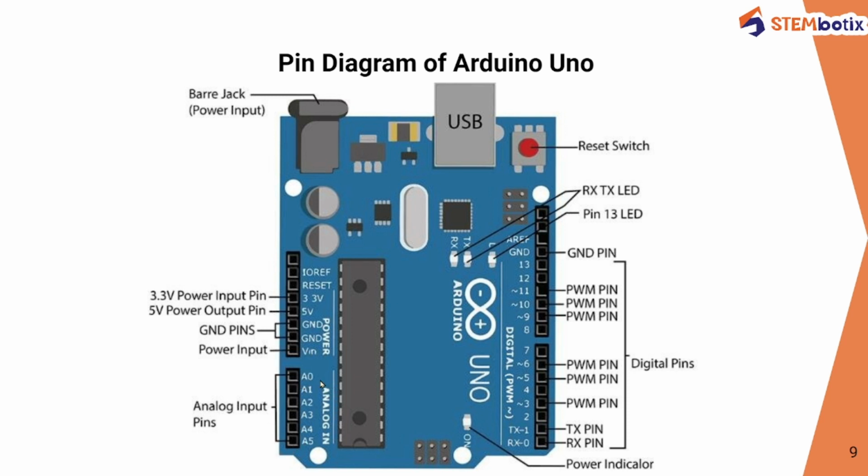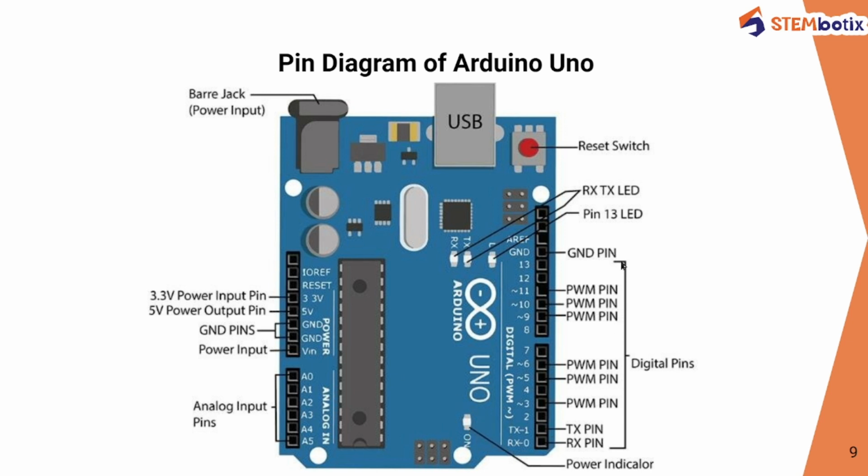Now the analog pins have the letter A, and after that a digit, means A0 pin, A1, A2, A3, A4, and A5. So these are in total 6 analog input pins, means using these pins you can take inputs only. After that we have one power indicator LED.